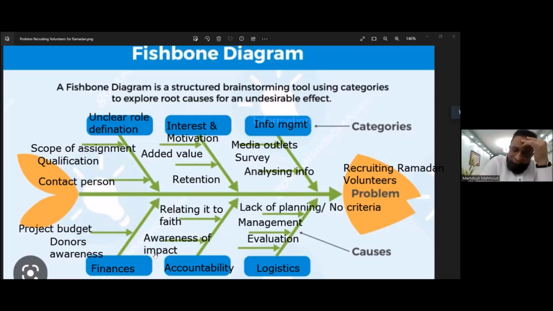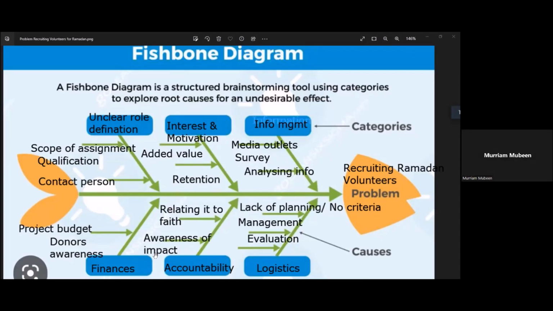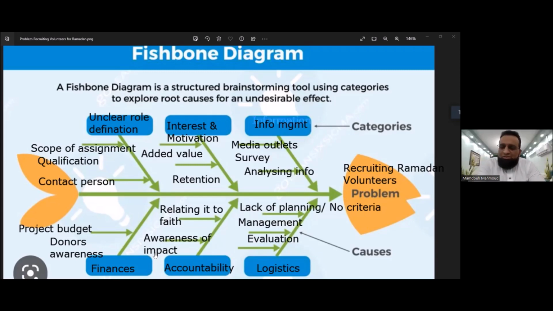We have another sister saying retention, relating it to faith and basic management, logistic-wise. And then another one with awareness of their impact and the scope of assignment. Okay. Now, who can tell me that any of those relate to market, government, or civil society?